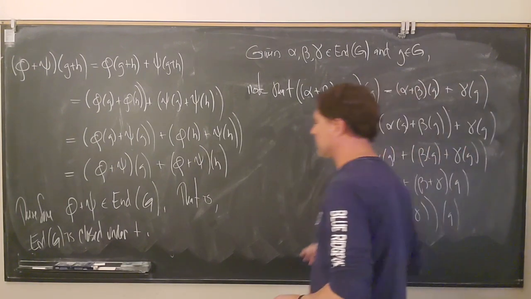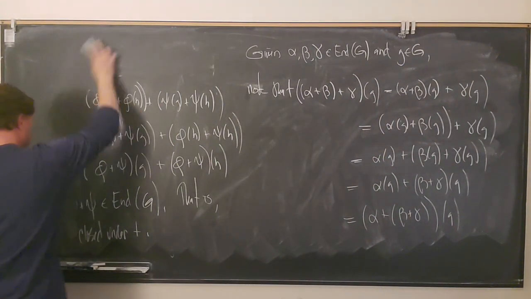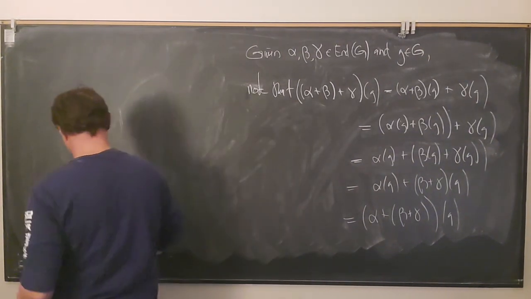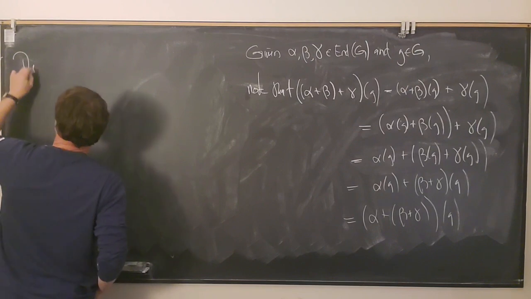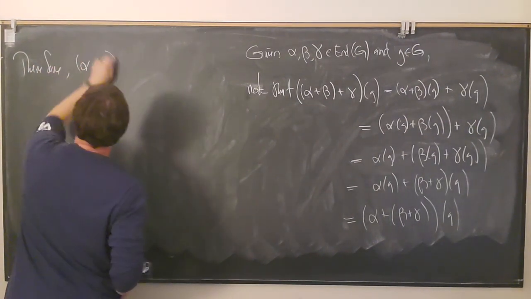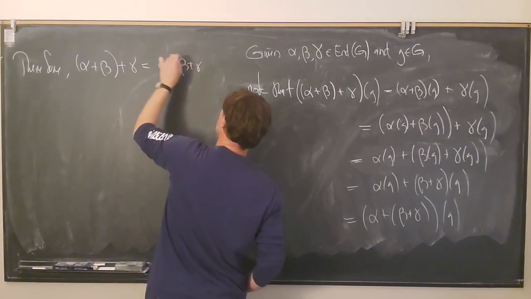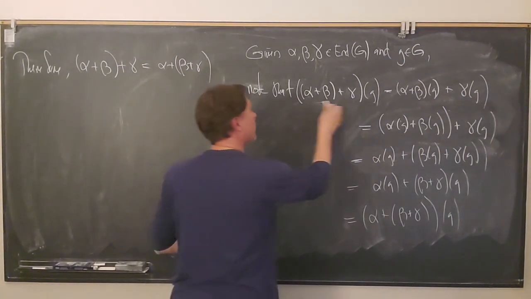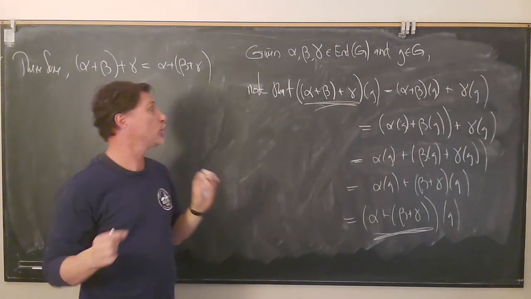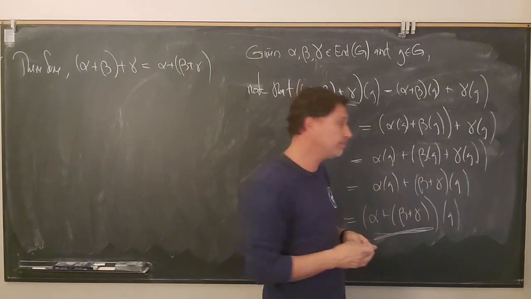So what that tells us is, therefore, alpha plus beta plus gamma equals alpha plus beta plus gamma, with the parentheses grouped differently. What I did is I showed that this function right here and this function right here do exactly the same thing to an arbitrary element of the domain, which means as functions they're equal to each other.